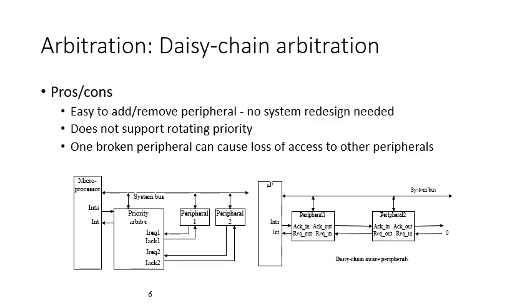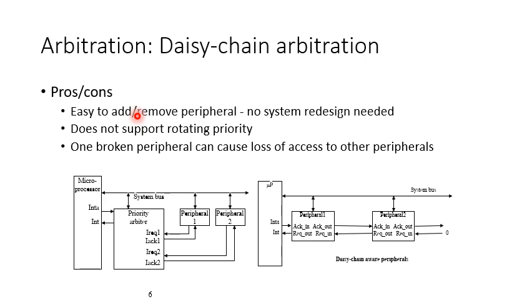In this slide we're going to talk about the pros and cons of daisy chain arbitration. As you can see in this figure, on the right side we have daisy chain arbitration, and on the left side we have priority based arbitration, as I have told you. Now, what are the pros and what are the cons?